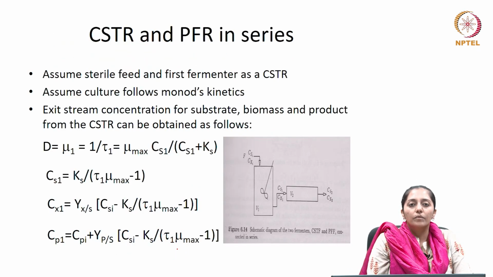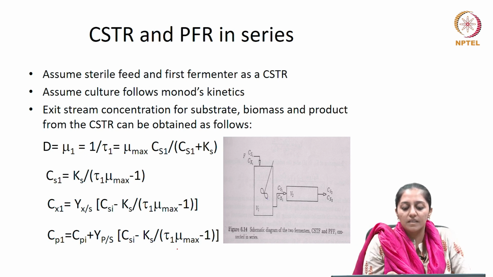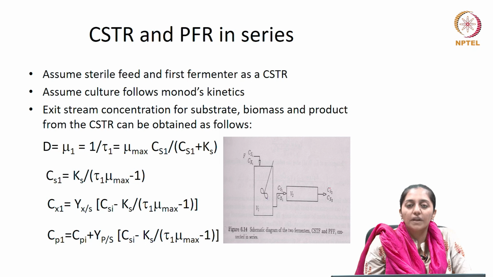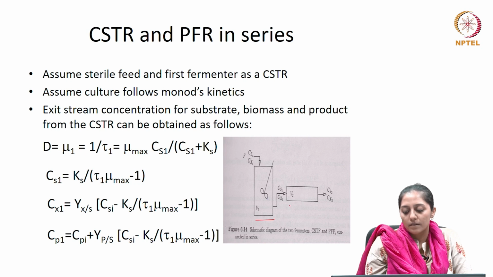So let's see how, and in what situations, we need to use the plug flow reactor model. Let's assume that it is a sterile feed in a combination of two reactors. The first one is a continuous reactor, an ideal CSTR, followed by an ideal plug flow reactor.